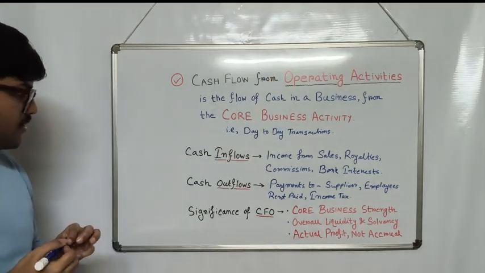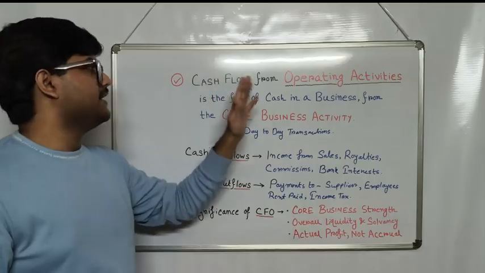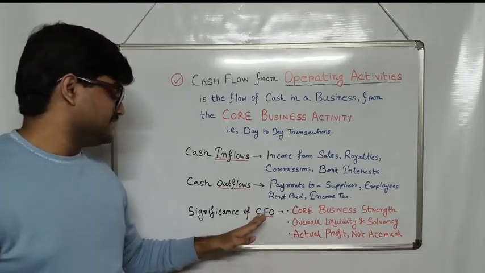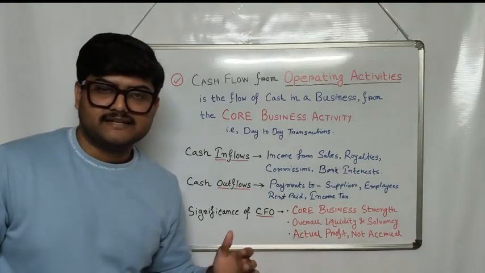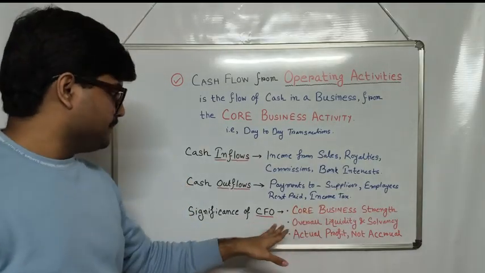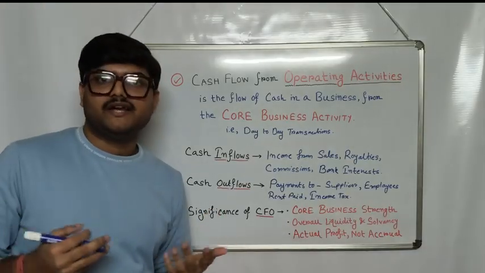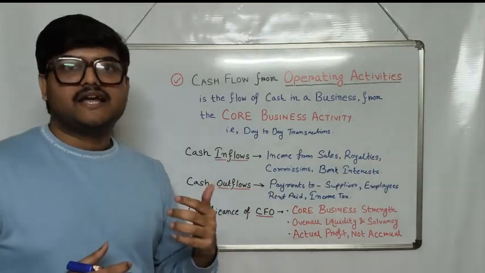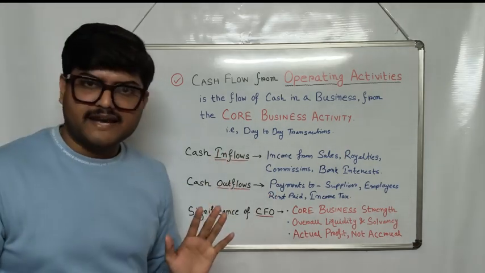Now we will talk about the significance of CFO. We can also call cash flow from operating activities as CFO. The significance of CFO is that it tells us about the core business trend, that is how much sales are happening in the business. Then the overall liquidity and the solvency of the company, so that it will be solvent for a longer period of time, can be understood from the operating activities.